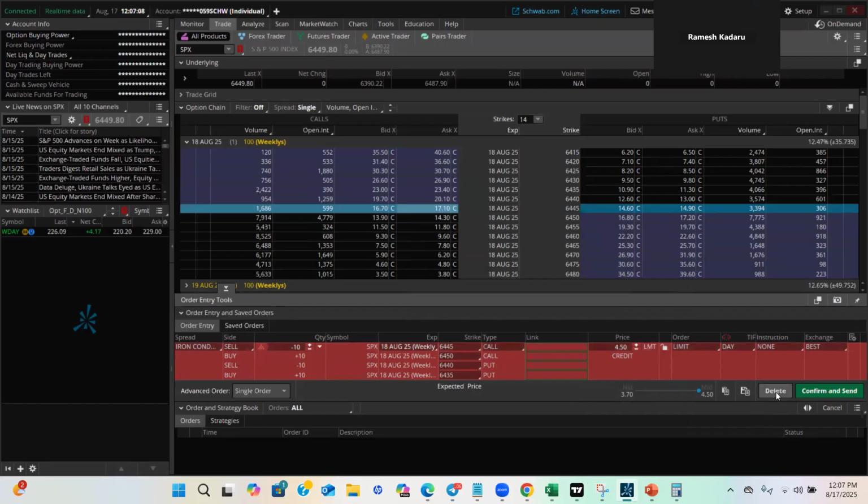When you collect the credit, for example, in this instance you collect 450 credit, and let's say that it is making profit and you closed it for, let's say, $200 profit. How does it settle?